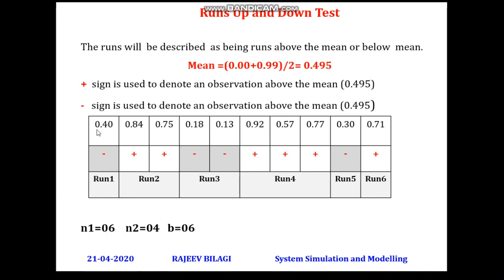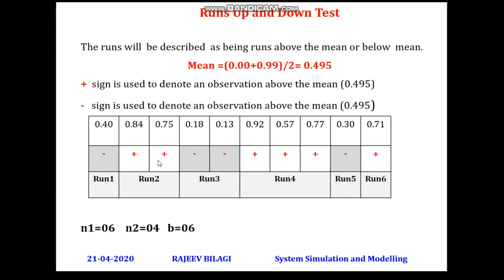Any number which is greater than 0.495, you replace with plus. Any number which is less than 0.495, you replace with minus. So for this particular example I have replaced with minus, plus plus, minus minus, plus plus plus, minus plus.